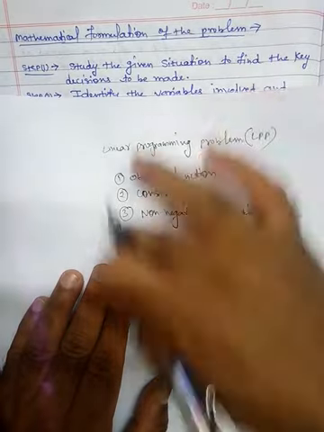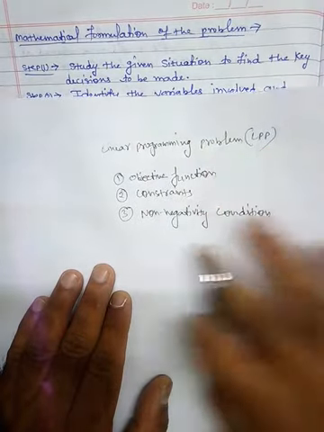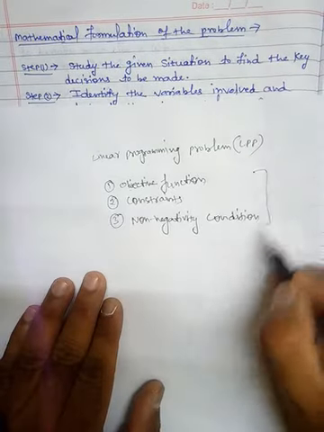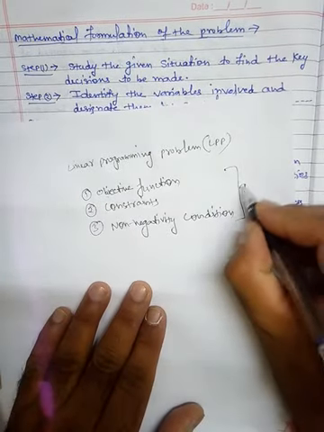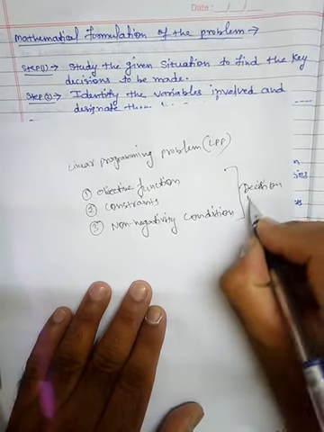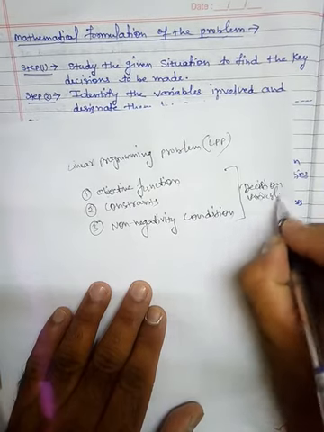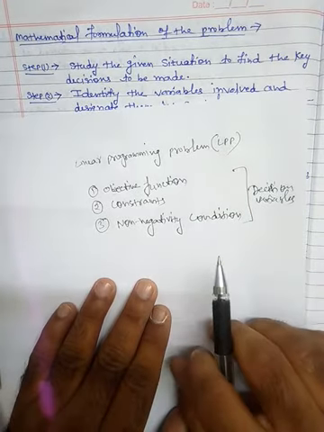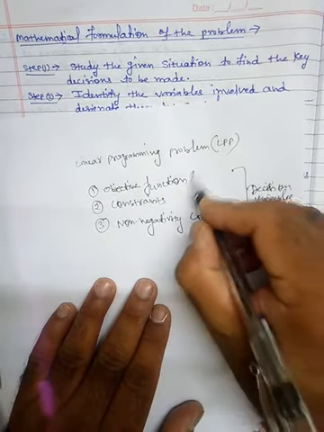And to define all these three, objective function, constraint and non-negativity, we need decision variables. So we need decision variables. Okay, now objective function, this is linear.